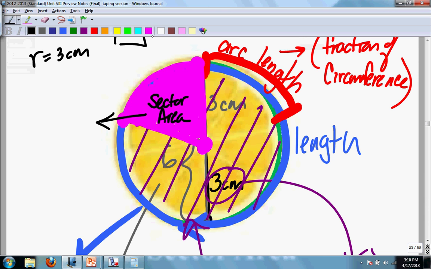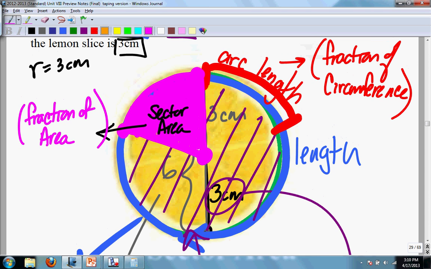A sector is simply a fraction of the area. So let's recap. Arc length means a fraction of the circumference. Sector area is a fraction of the area. These are the two things we're talking about today, the concepts of sector area and arc length. One is a piece of the circumference, the other is a piece of the area.